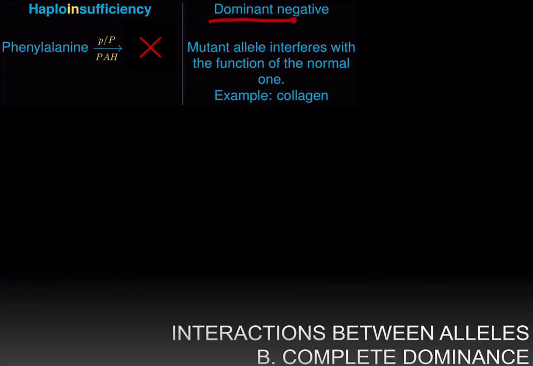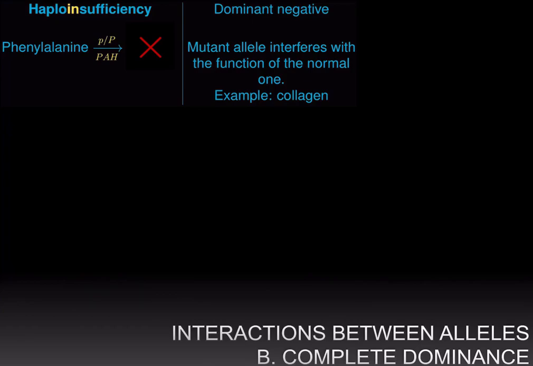And there is a second mechanism, dominant negative interactions, that can give rise to dominance. First, let's discuss haploinsufficiency. And as we said, it's the opposite of haplosufficiency.